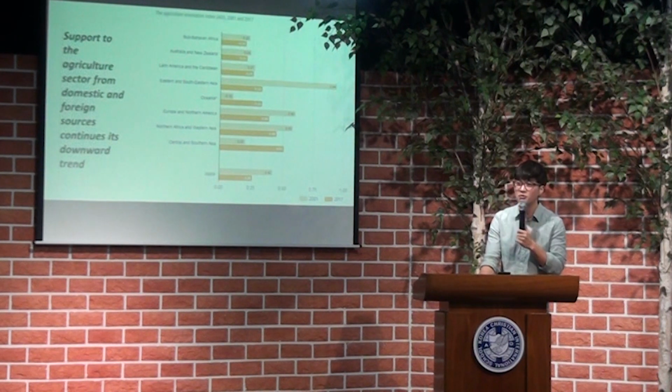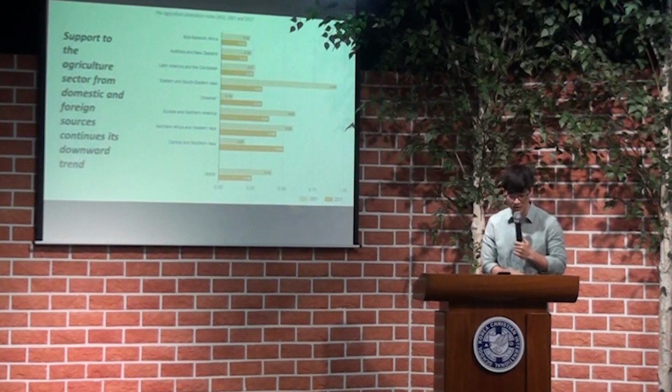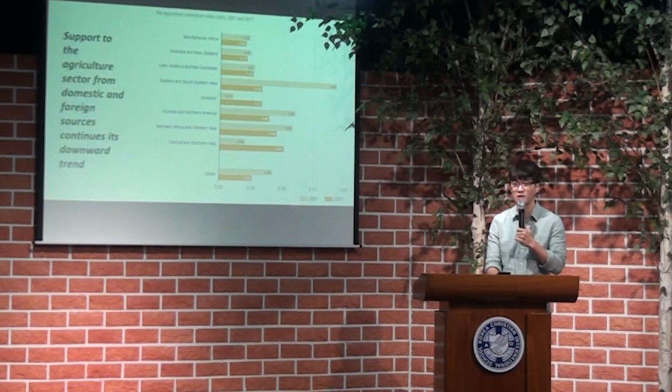It just shows you how much government is spending on these individual farmers, small-scale farmers. It fell from 0.42 in 2001 to 0.26 in 2017. From 2015 to 2017, the average AOI was highest in Northern Africa and Western Asia, and lowest in Sub-Saharan Africa.